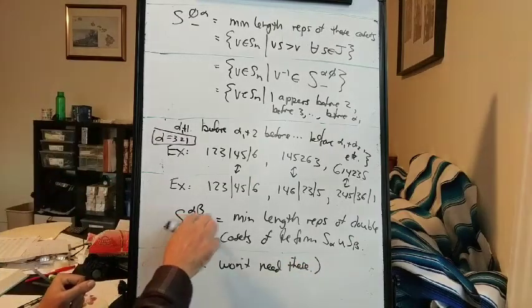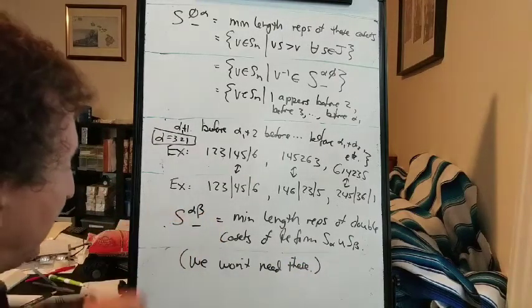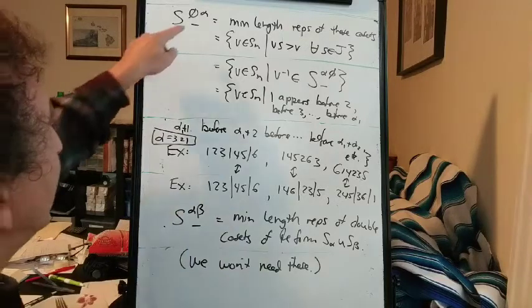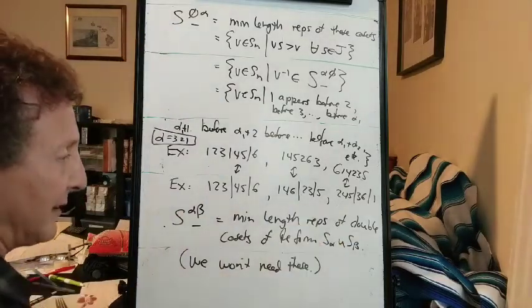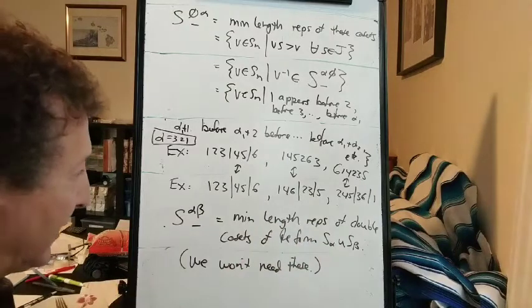But that's why we need two different places up here. So empty set means that one of these is just not there. S_∅ is the identity element.